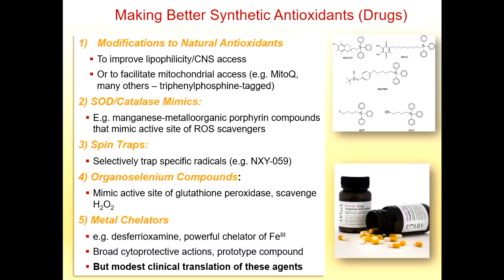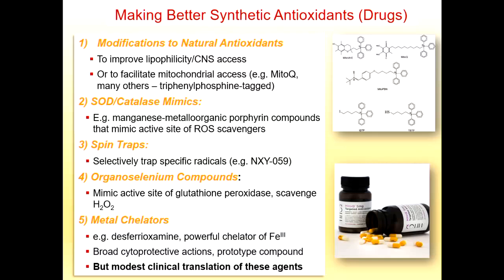So when we realised that the mitochondrial respiratory chain is the main source of free radicals in aerobic cells, people came up with the idea, well, why don't we try to convert some of these antioxidants into mitochondrial penetrating chemical versions? And so you can find a lot of these still available.